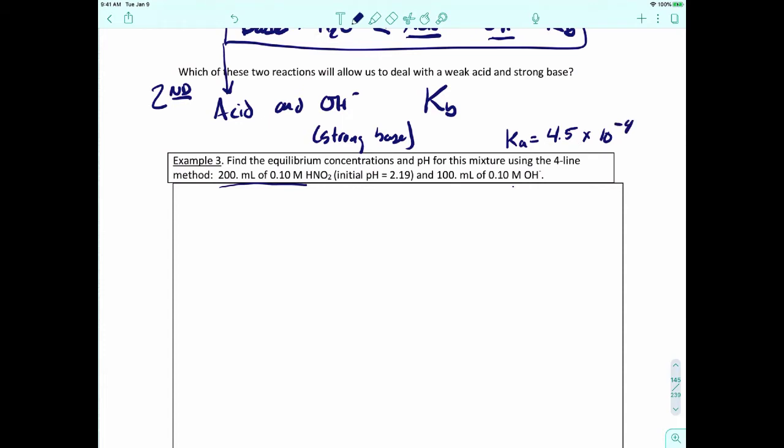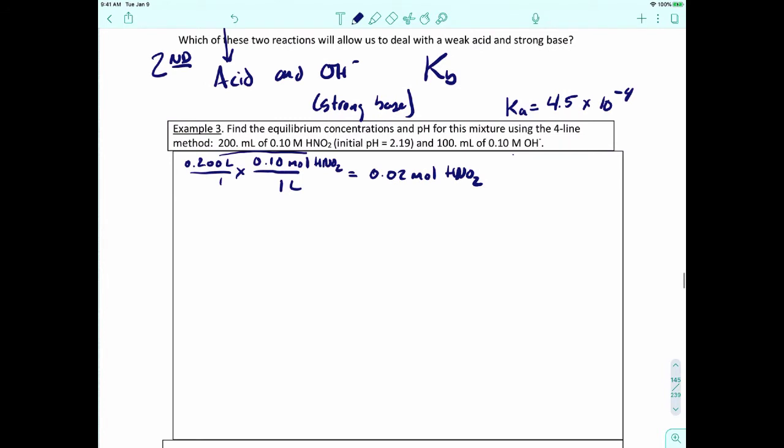Okay. All right. So before we do anything, let's try to figure out how many moles of the base and how many moles of the acid we've got. So if we cancel out the liters from HNO2, you have 200 milliliters or 0.2 liters times 0.10 moles of HNO2 over 1 liter. So 0.2 times 0.1 should be 0.02 moles of HNO2. Okay.